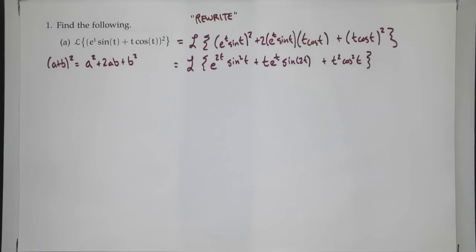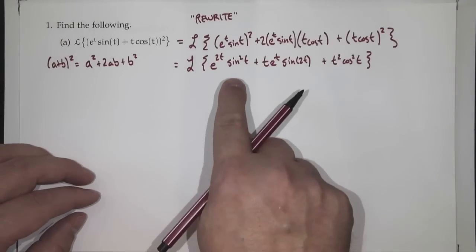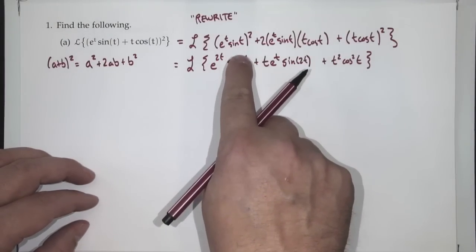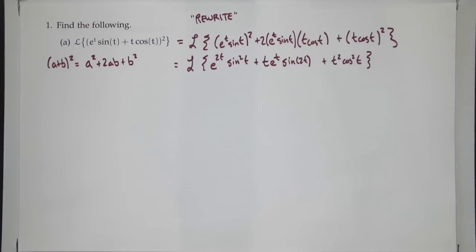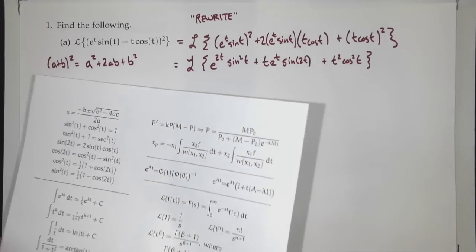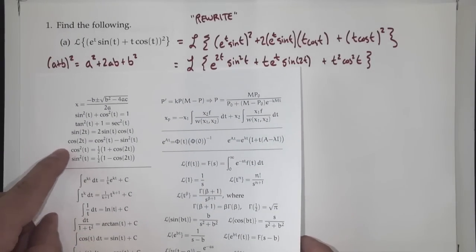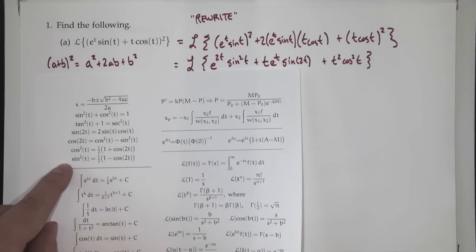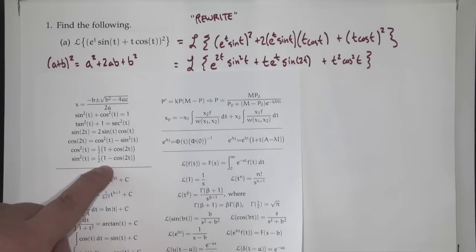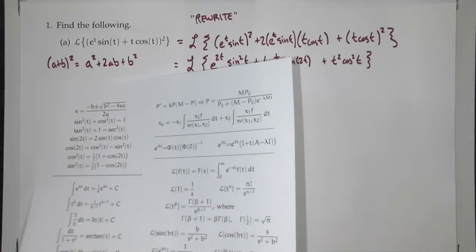Okay, so we say, are we done with our rewrite? And not quite. Sine we can handle, sine squared, not so much. So we say, all right, well look, if we have a sine squared or a cosine squared, we can rewrite because we have these wonderful identities that let us reduce the powers. So sine squared can be rewritten and cosine squared can be rewritten.